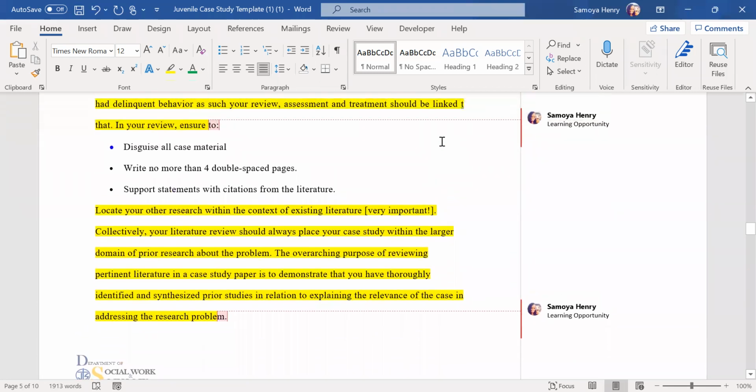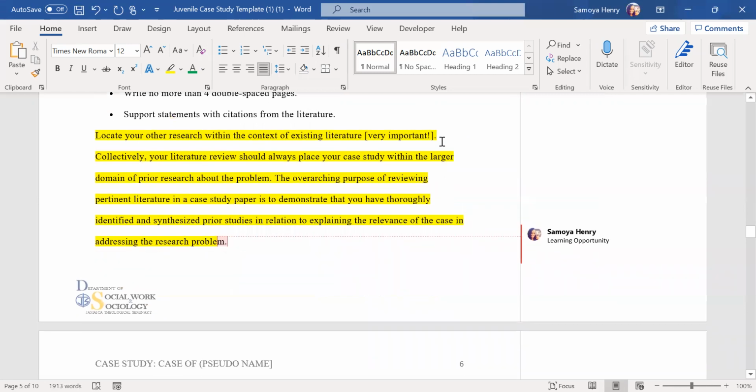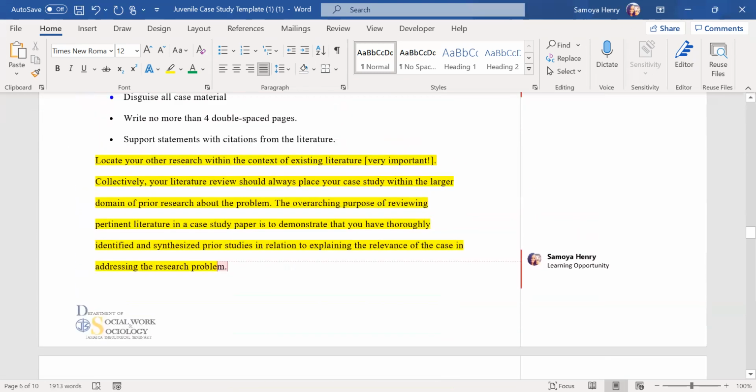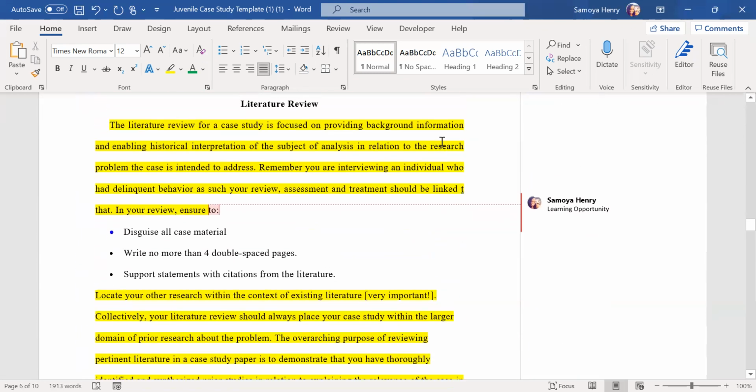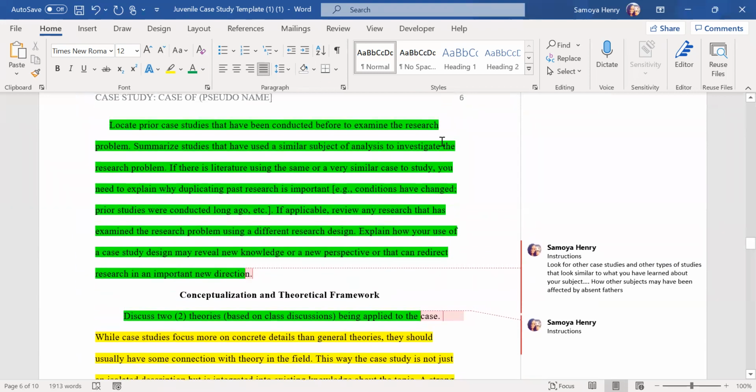All right. So this is still explaining what the literature review is all about. Then you can go ahead and write your literature review, okay?